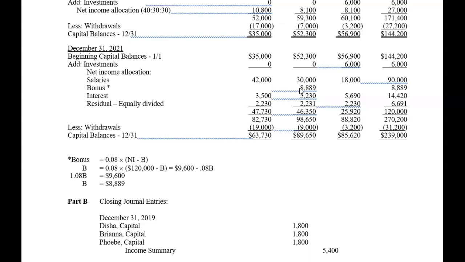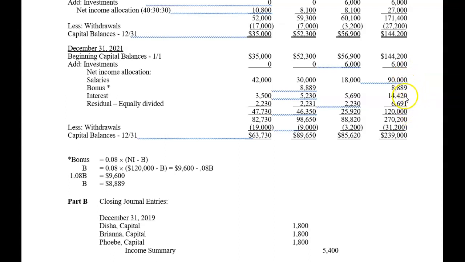her capital account. The interest is 10% on the beginning balances, so 10% of 35,000 is 3,500. 10% of 52.3 is 5,230, and 10% of 56.9 is 5,690. Right, so where you're at here is not quite at the 120,000.